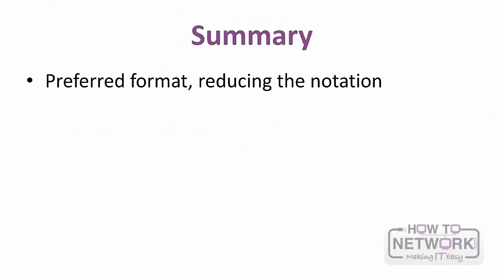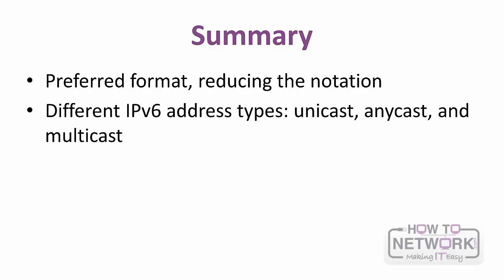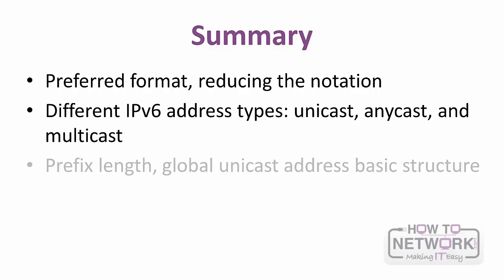This lesson explained the basics of IPv6 addressing. The preferred format of an IPv6 128-bit address was discussed, as well as ways the notation of the address can be reduced. There was an introduction to the different IPv6 address types: Unicast, Anycast, and Multicast. The IPv6 prefix length and the basic structure of a global unicast address were discussed.